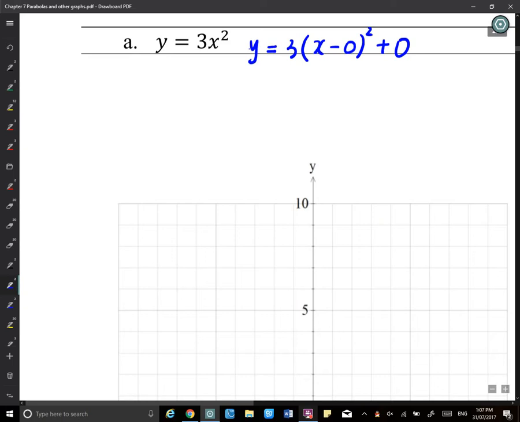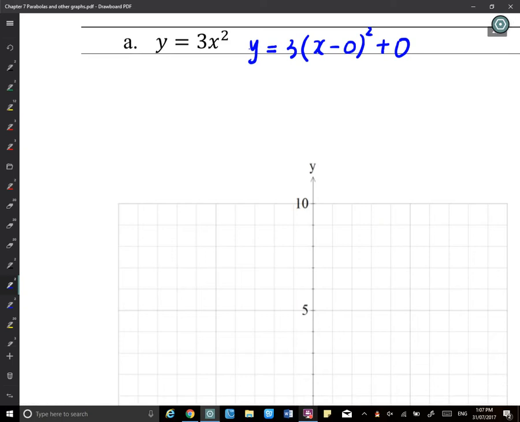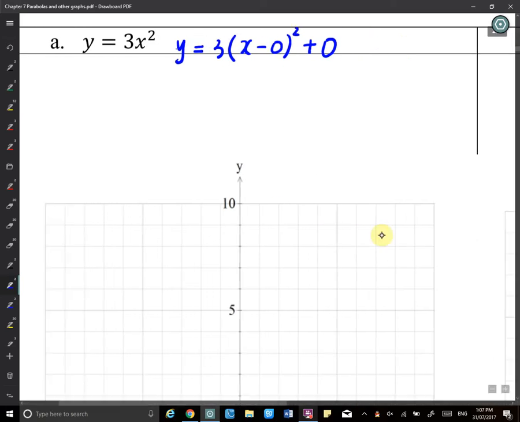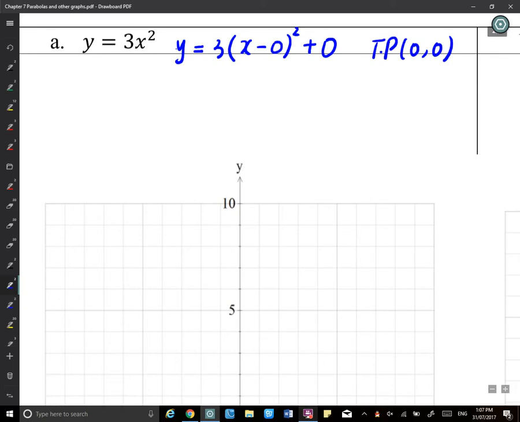That is still the same function. But after I change it to this form, the turning point will be 0, 0.